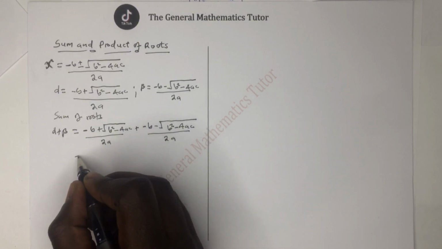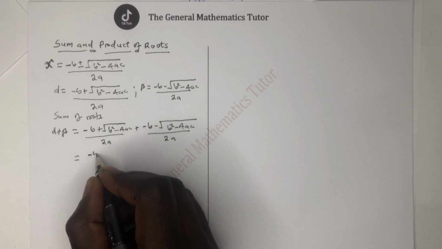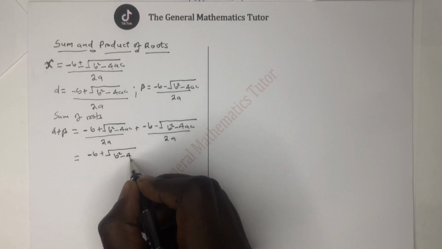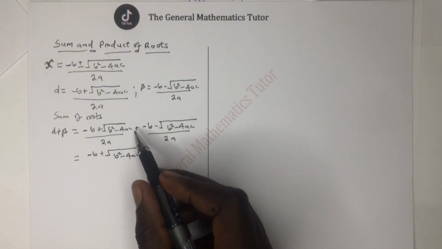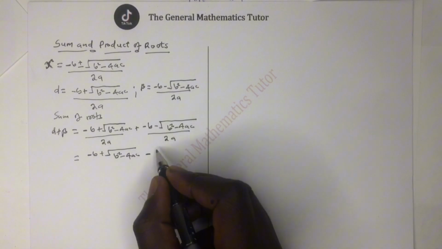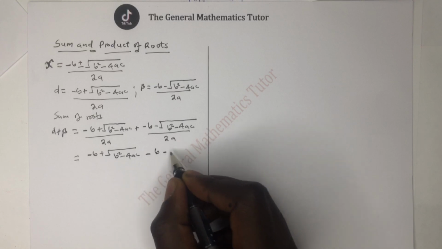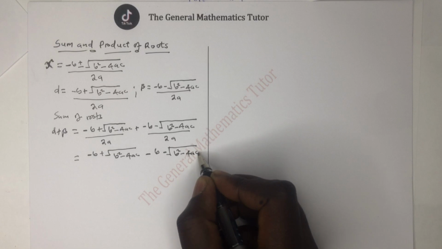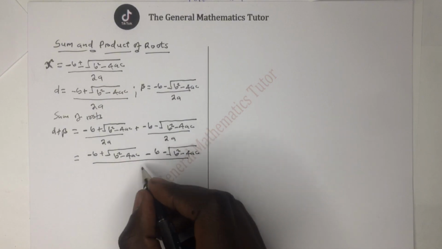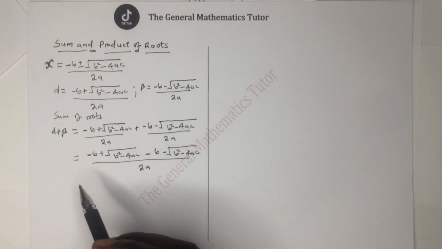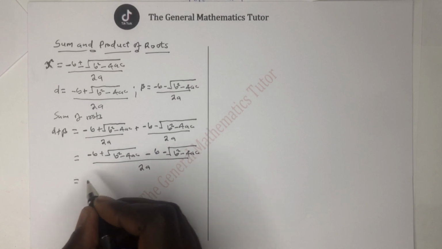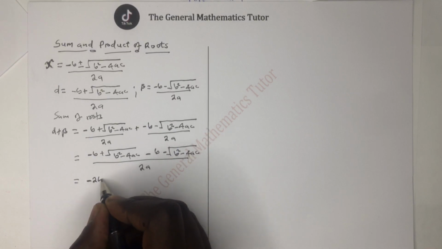So we're just going to have minus b plus the root of b squared minus 4ac, then minus b minus the root of b squared minus 4ac, all over 2a. If you collect the like terms, we take minus b and minus b, and we get minus 2b.